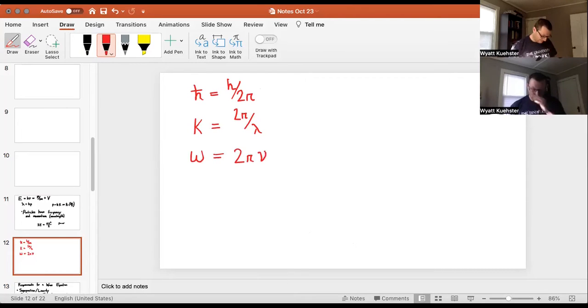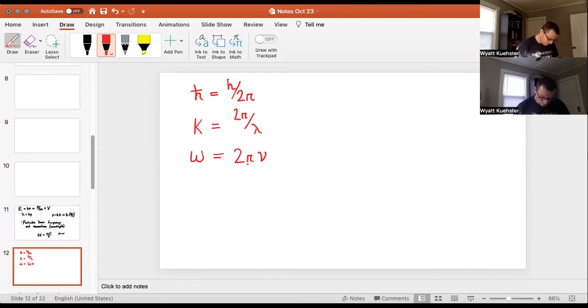So basically we can replace. Obviously knowing the frequency is the same as knowing the angular frequency. So in all my equations I can replace nu with omega, the angular frequency. And knowing the momentum is the same as knowing the wavelength by the de Broglie relation.